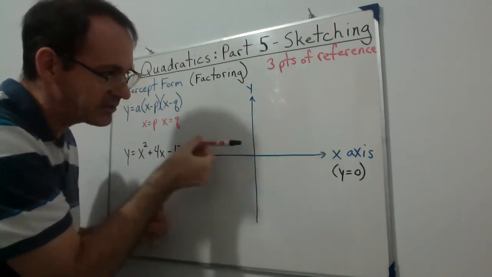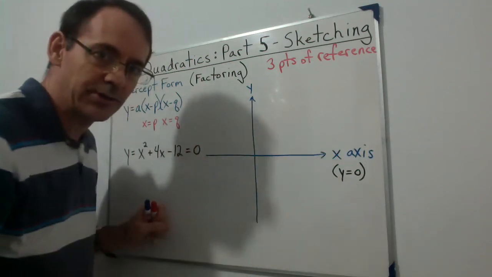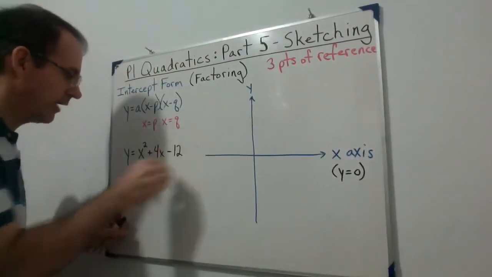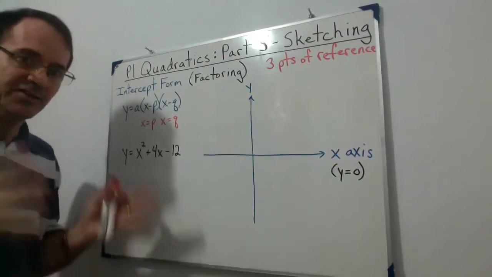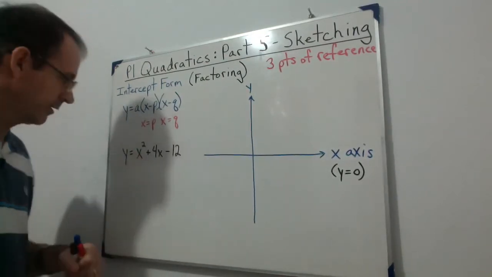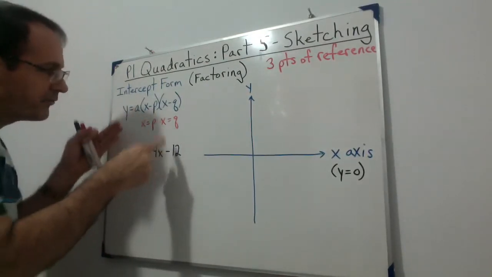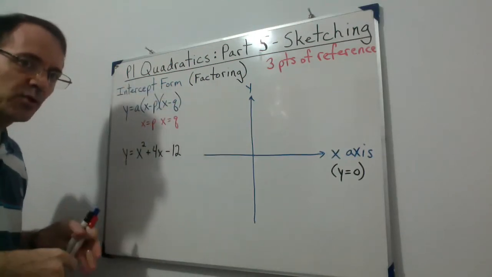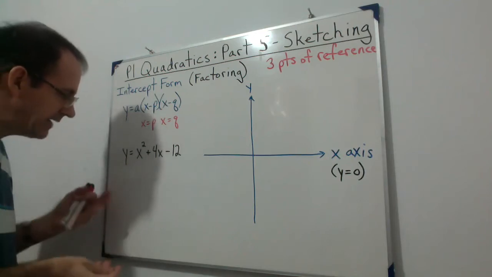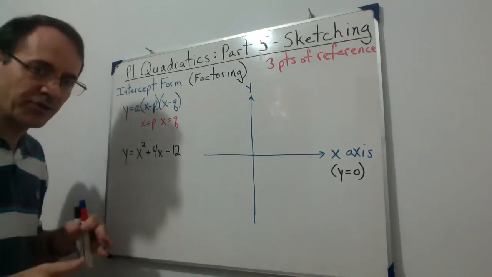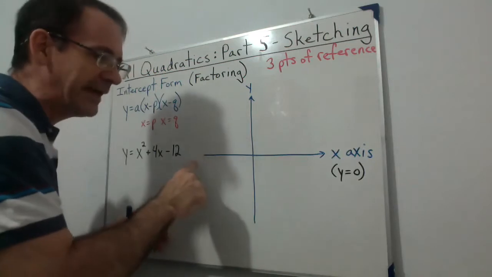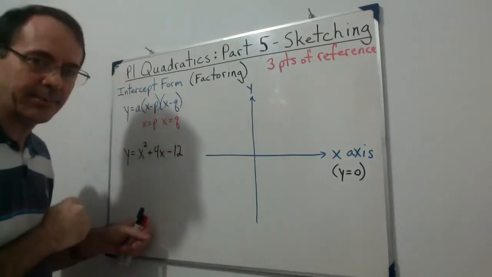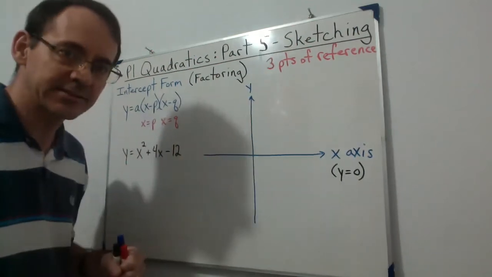Right here at the x-axis is the y equals 0 line. So if we just get rid of our equals 0 and put y equals at the beginning, it's basically the same thing. So when we are factoring and changing it into intercept form, we're in essence finding where the y equals 0, or in other words, we're finding where our graph crosses or intercepts the x-axis, okay?